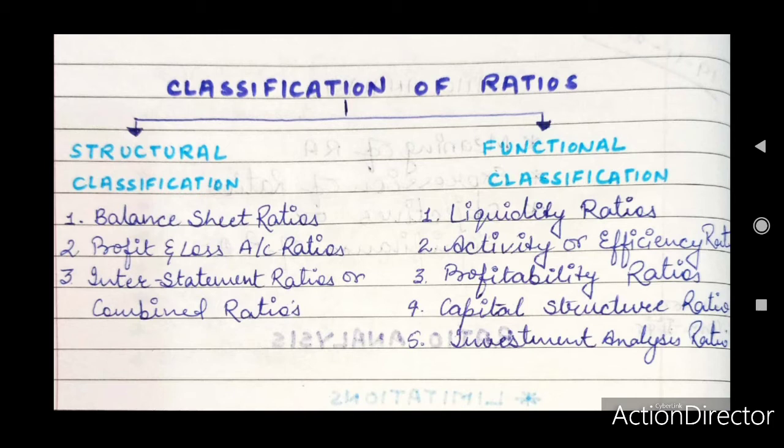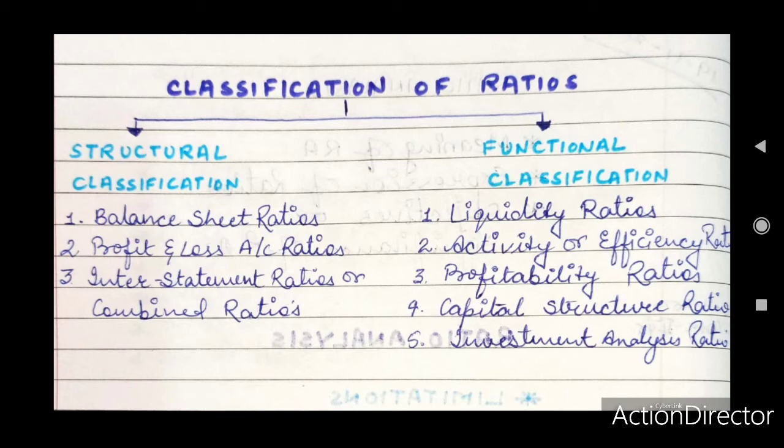Based on sales: gross profit ratio, operating ratio, expenses ratio, operating profit ratio, and net profit ratio. Based on capital or investments: return on capital employed, return on net worth or shareholders' funds, return on equity shareholders' fund, return on total assets.